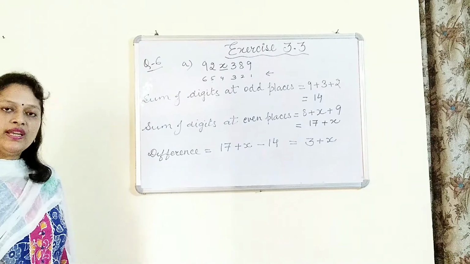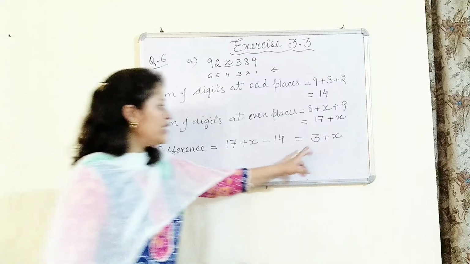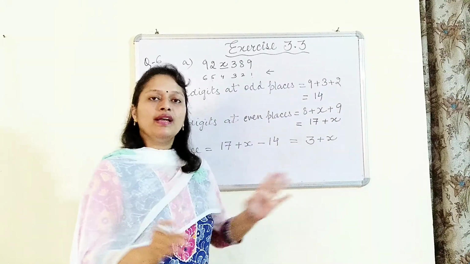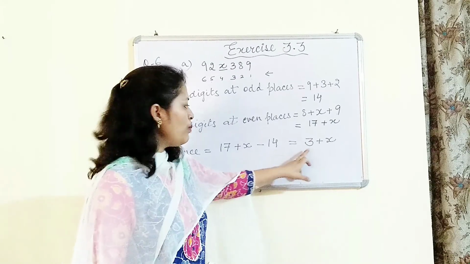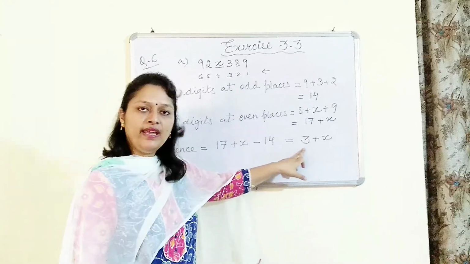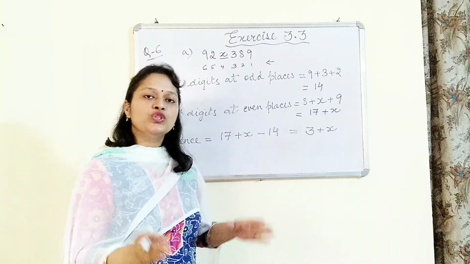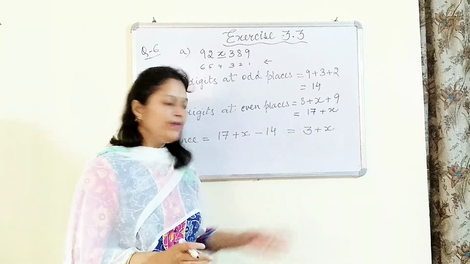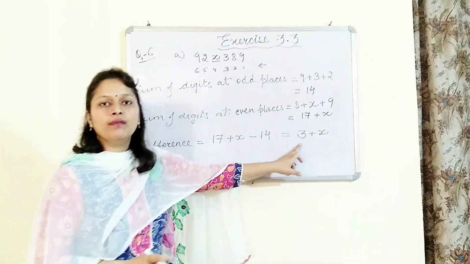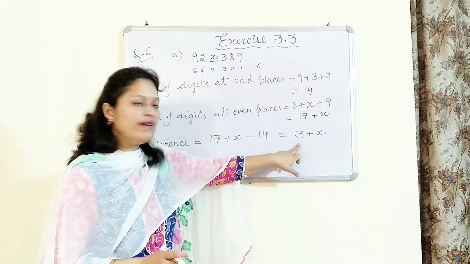Now, what is to be added to 3 so that it will become 11? It cannot become 0 because it is already 3. You cannot add something to it so that it will become 0.